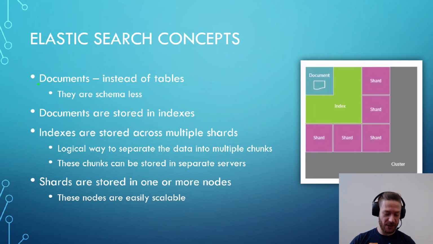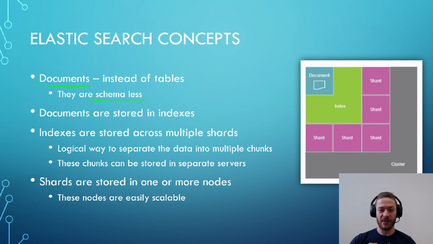You have documents, which are used instead of tables. All of these documents are schemaless. You can apply some mappings if you want. You can apply a schema, quote unquote, of course, but it's not required. So you can insert your documents the way you see fit. They can be different in terms of attributes and columns.